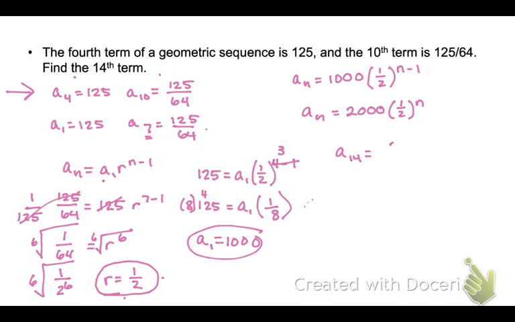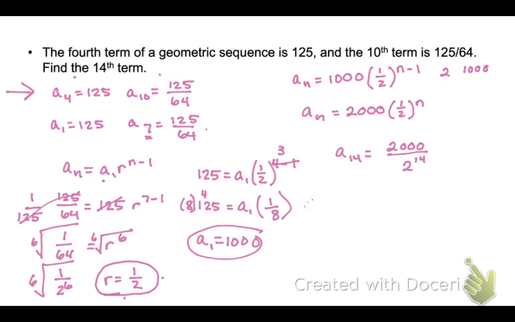Okay, so we have 2,000 over 2 to the 14th. I'm sure there's some 2's I can reduce out of there, right? So 2,000 would be 2 times 1,000. I don't know what direction. You want to keep going 2's? You want to go bigger than 2? Well, 1,000 is 10 cubed, right?